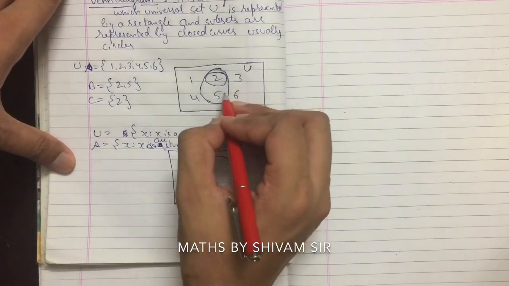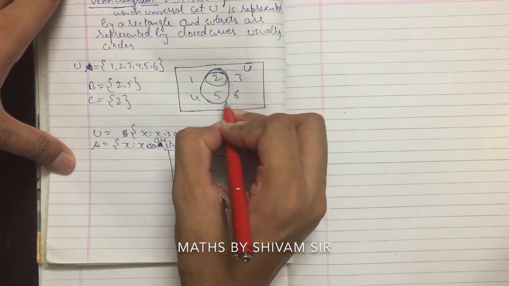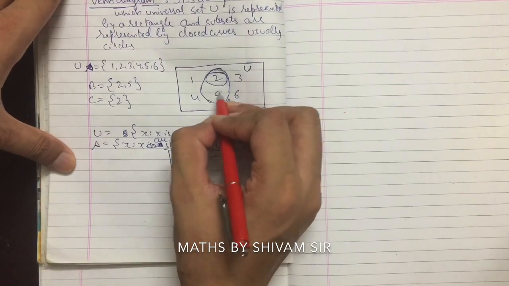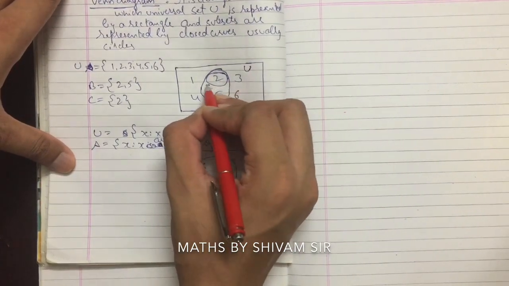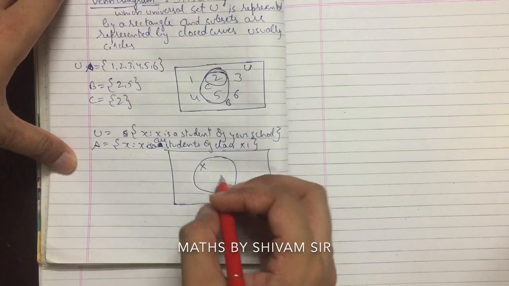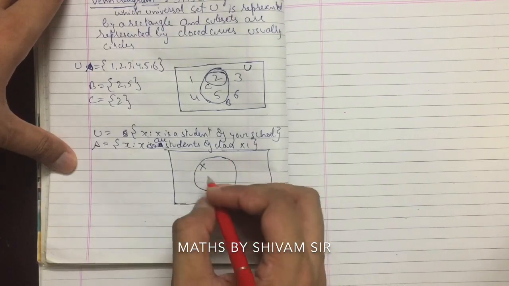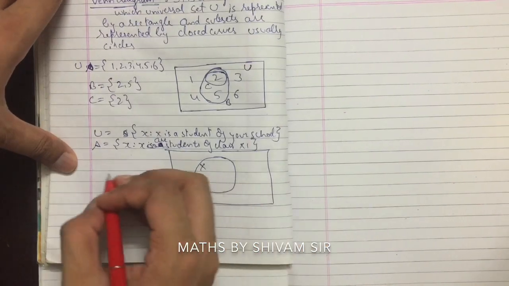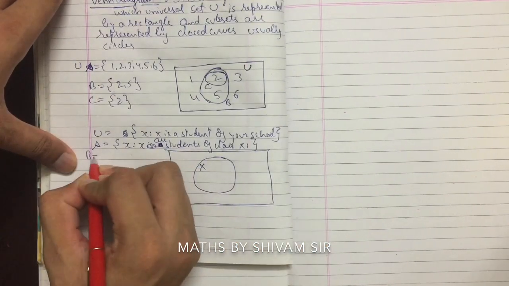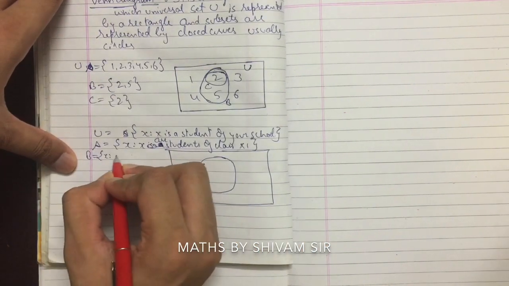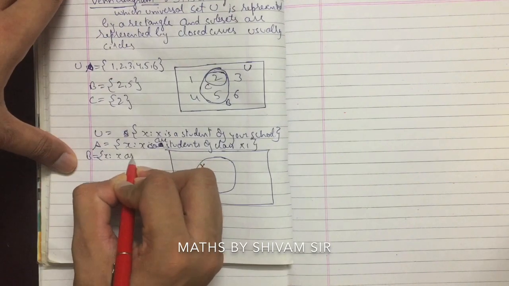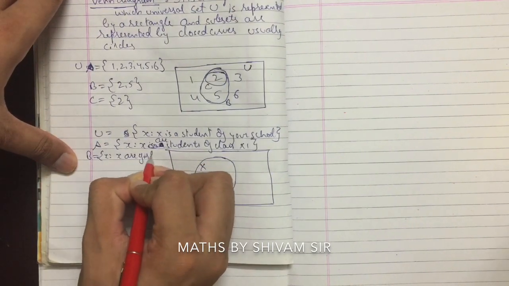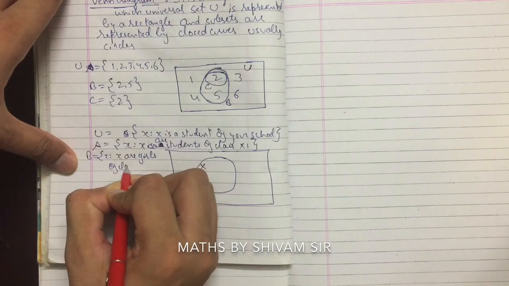This is B. I forgot to write it down; you can write it outside. And this is C, inside it. So x is a set of students of your class. Let's say B is another set, where x are girls of class 11th.